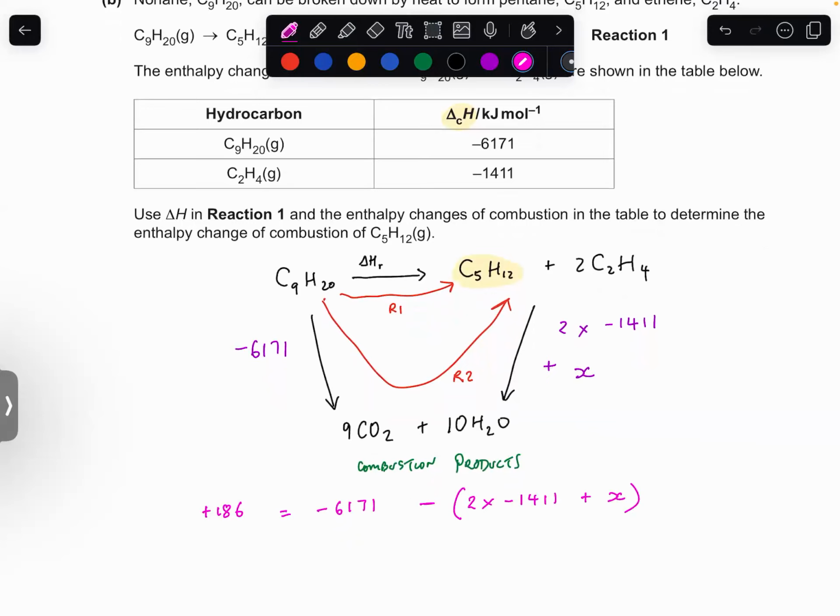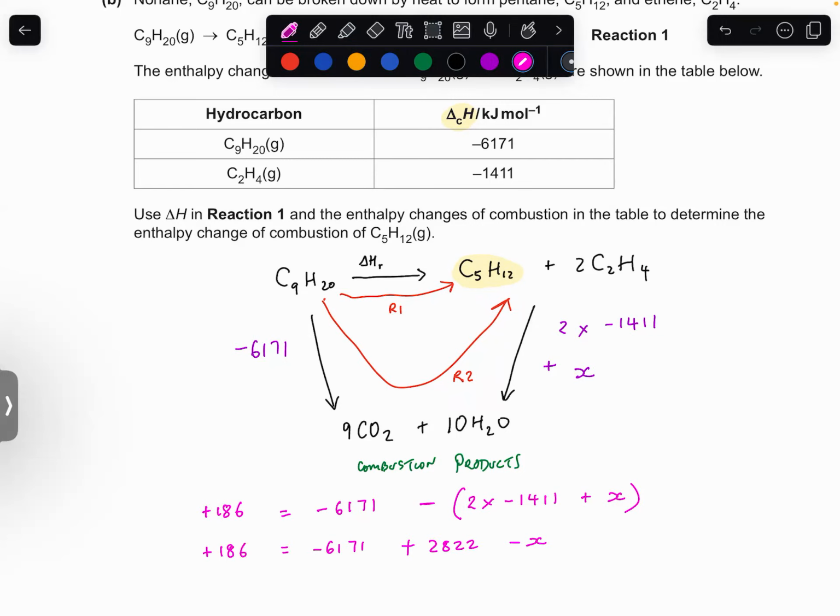So rearranging the equation, times minus 1411. So if we just neaten this up a bit, minus 6171 minus, actually that now becomes a plus 2822 and then minus x. We just got rid of the brackets. And we want to bring everything else on the other side.